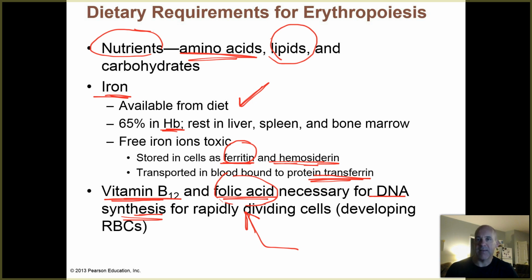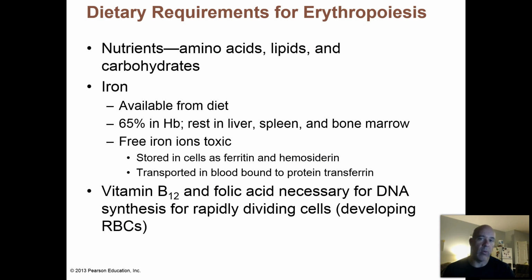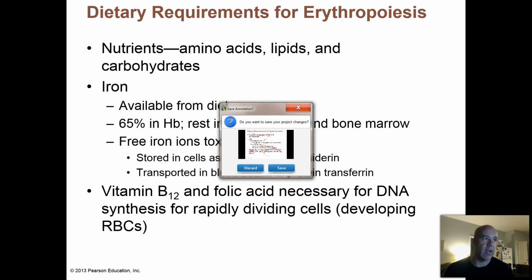Guess when DNA synthesis is taking place? When cells are dividing. Guess what's going on in your bone marrow? Lots and lots of cell division as you wind up cranking out all of these different types of red blood cells. Vitamin B12 as well is needed for those processes. Those two vitamins are used by enzymes that are important for the DNA replication processes.